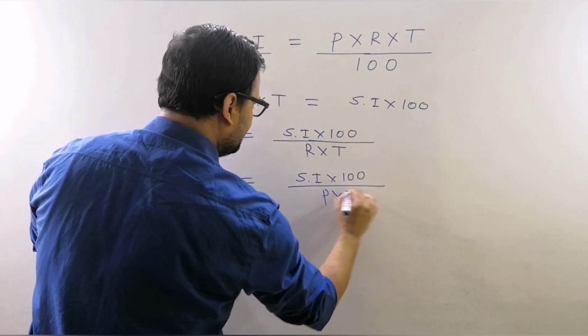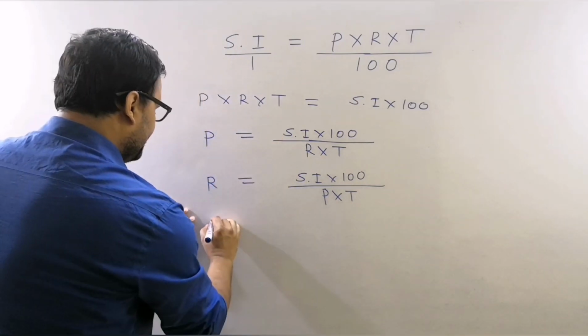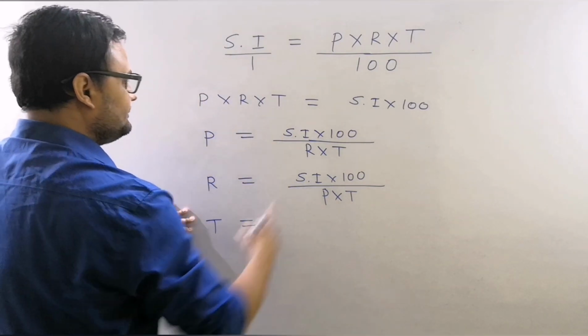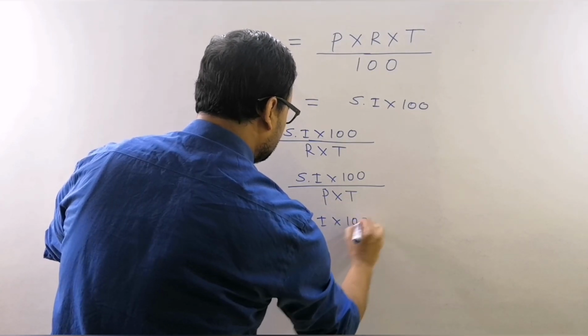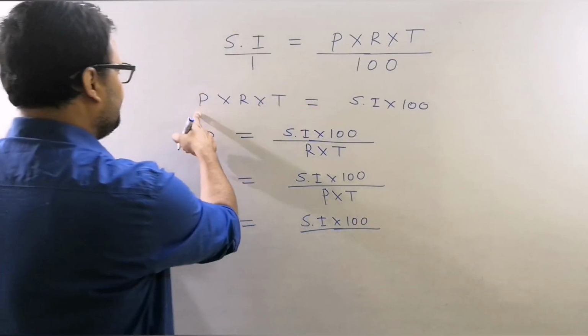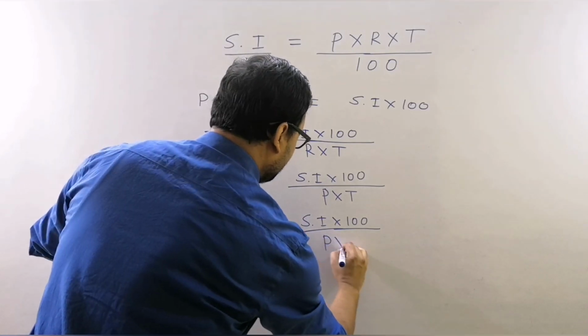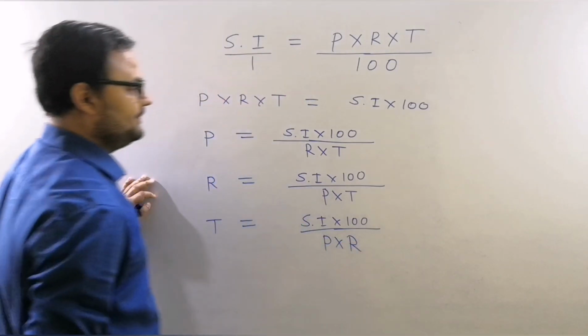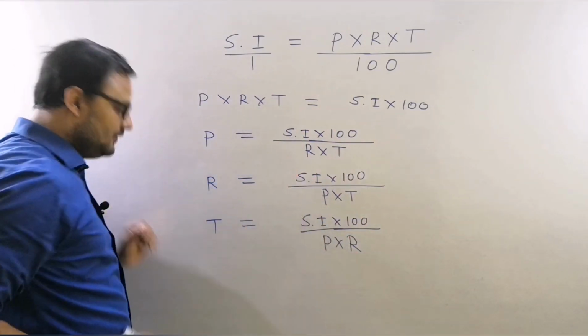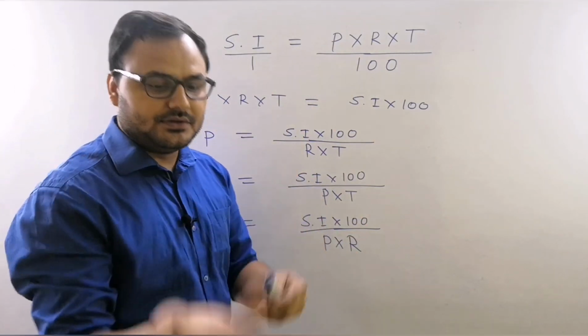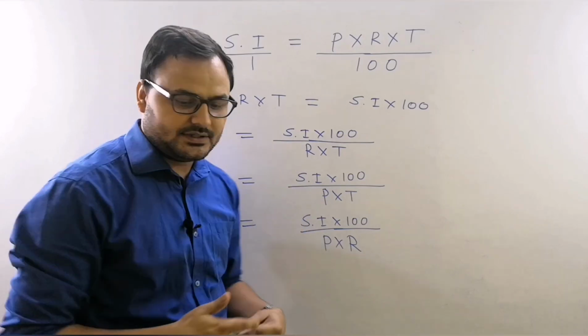The same way, if I have to find time, then it will be SI into 100, and P and rate, P into R will come down. So from this formula only we derive three more formulas. Now we are going to do some questions based on this.